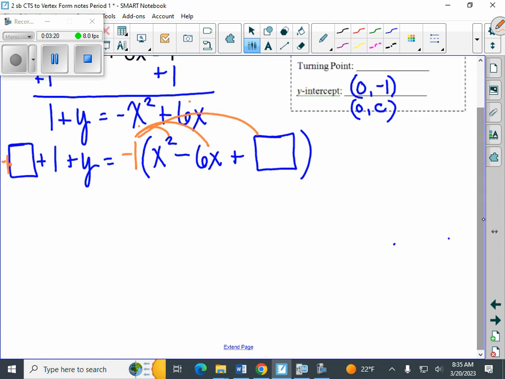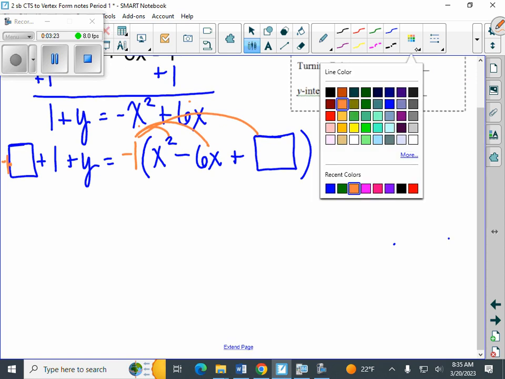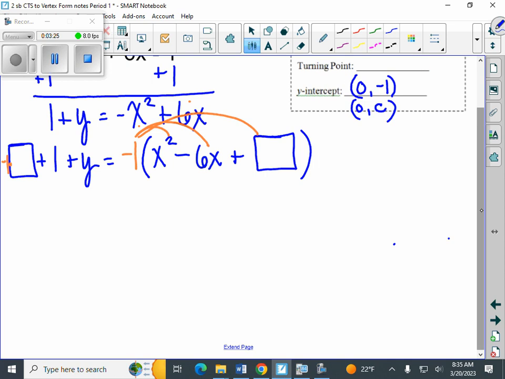So we need to figure out what goes in that box, and then we're going to follow through pretty much all of our remaining steps the same, but we're looking in front of our box and we see negative 6. So this is going to be negative 6 divided by 2, squared. We're completing the square. We're forming a perfect square trinomial. And since we put negative 6 divided by 2 squared in that box, we're going to put it in the other box.